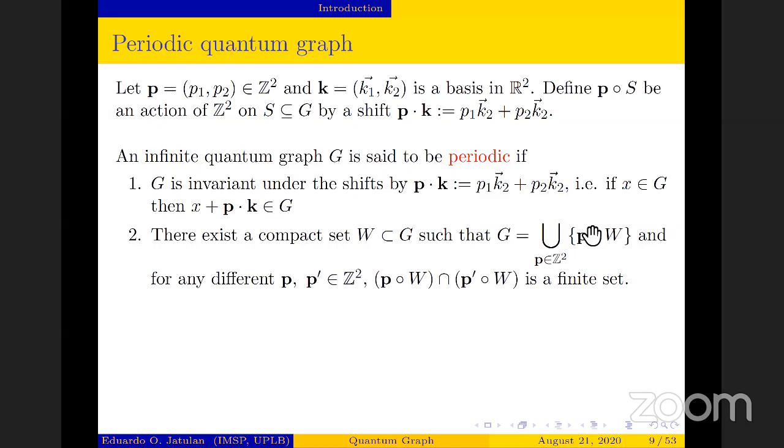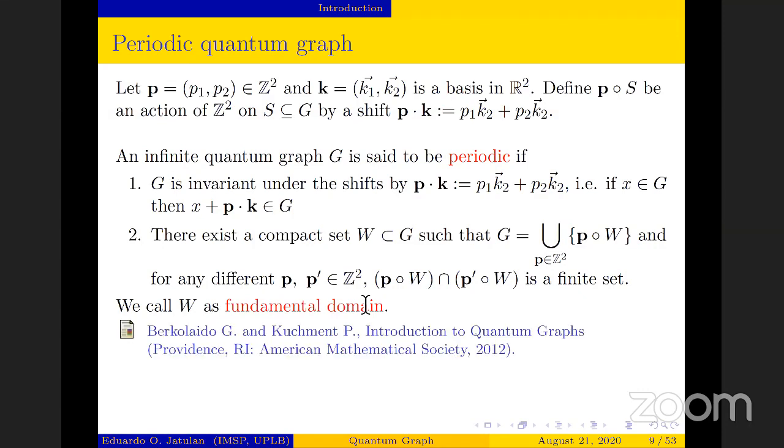So from here, we have a compact subset, and for any P and P prime in our Z2, the intersection of these shifts is finite. Okay, and we call this W the fundamental domain in this case.